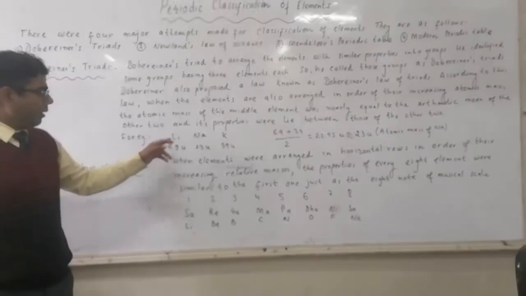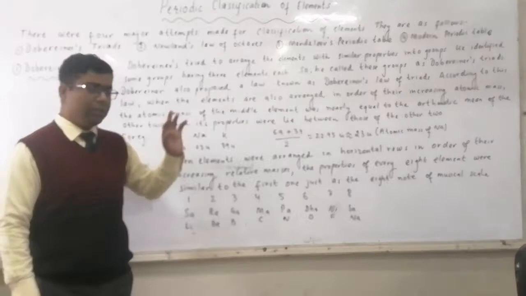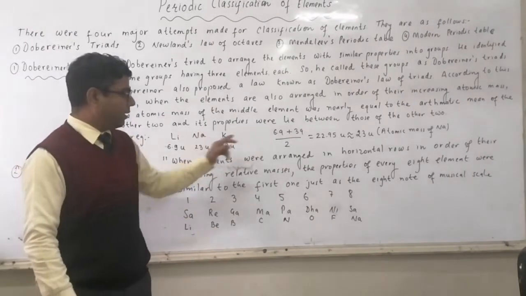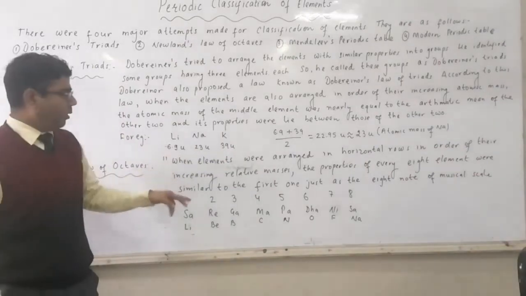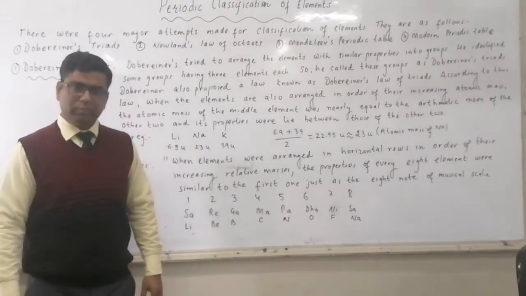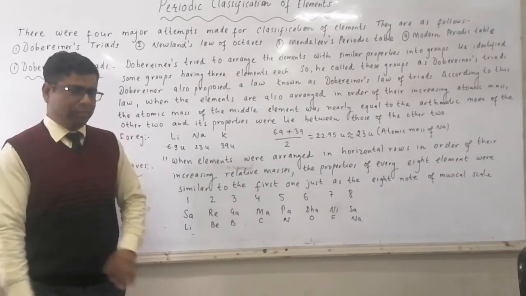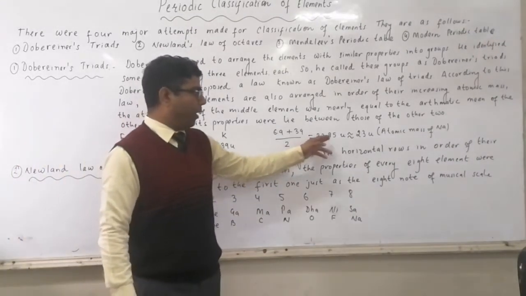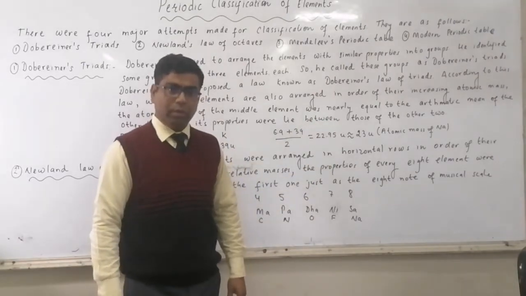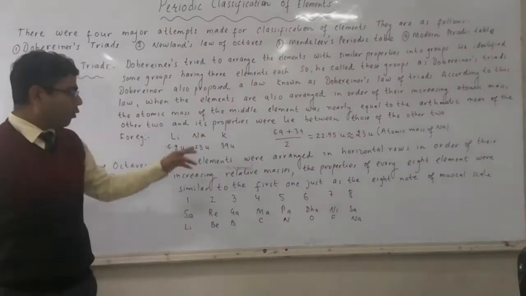Now, let us take the first element and the third element. Atomic mass for the first is 6.9. Atomic mass for the third is 39. Now take the average. When you take the arithmetic mean, the value will be 22.95 U, which is equivalent to 23 U. And 23 U is the atomic mass of sodium.